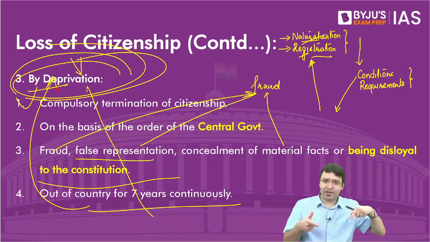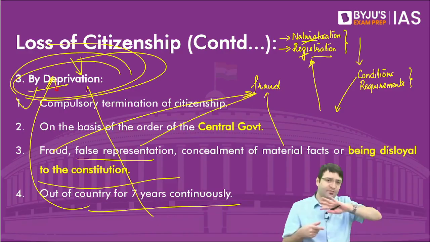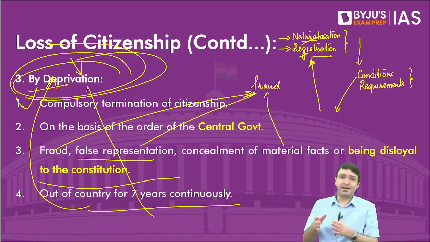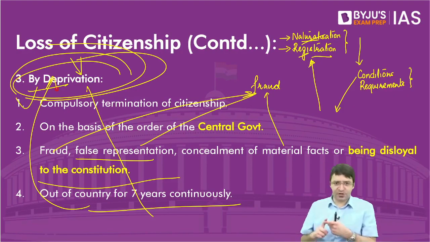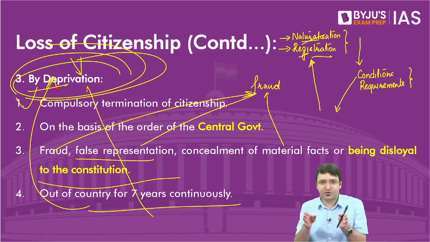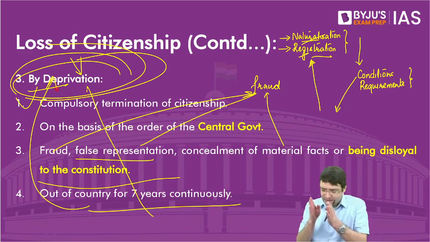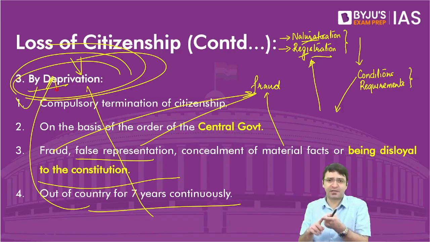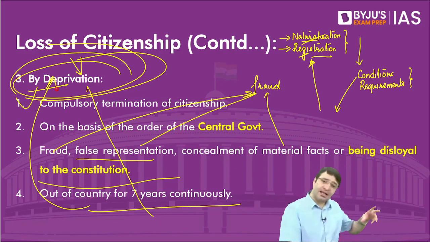Without giving up your Indian citizenship, your citizenship will be terminated. Or deprivation. Deprivation for those who have acquired citizenship through registration and naturalization. And if the central government, which is the Ministry of Home Affairs, gets to know that you have acquired Indian citizenship through naturalization and registration, but through fraud, through false representation, through concealment of facts, your citizenship can be deprived. And what about other Indians?